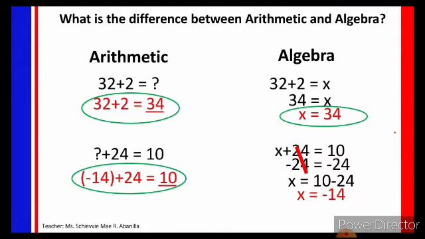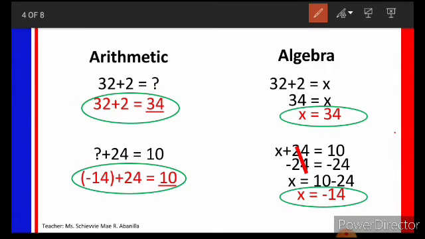Now, balikan natin. If we are going to correlate these two, they're the same, right? Okay? We obtain negative 14 to be added to 24 to get 10. And then in algebra, we use operations to find the value of our x.